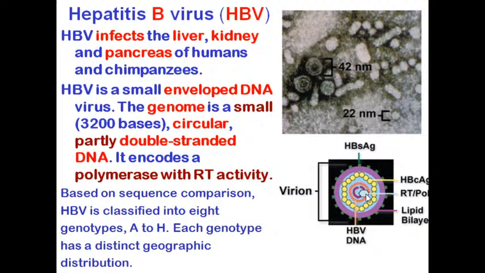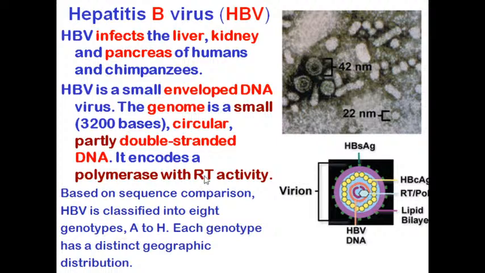It means this enzyme can act as an RNA-dependent DNA polymerase, so it can form the DNA chain using RNA as a template. This unusual activity is shared by only one other virus, the well-known HIV.